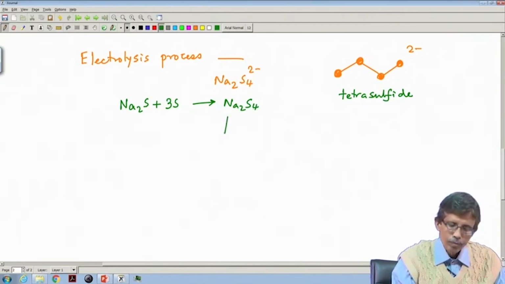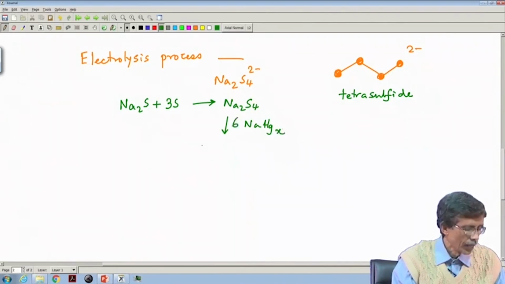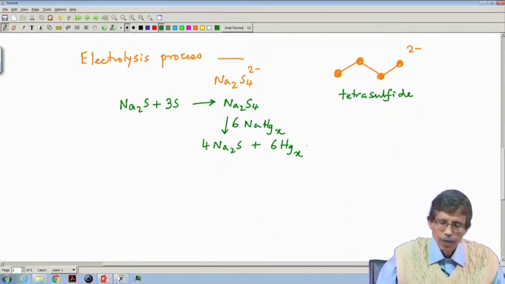And if we go for the reaction with sodium amalgam, NaHgX, giving 4 Na2S plus 6 HgX, free mercury.